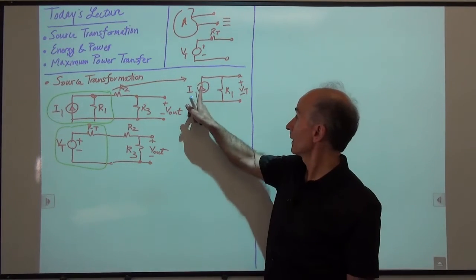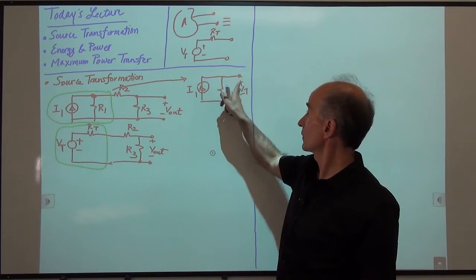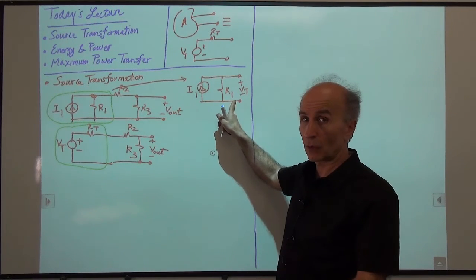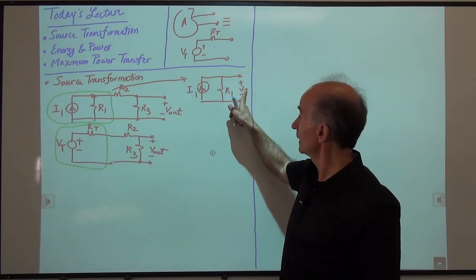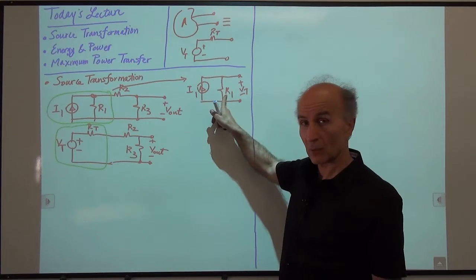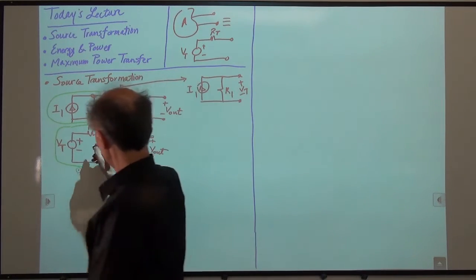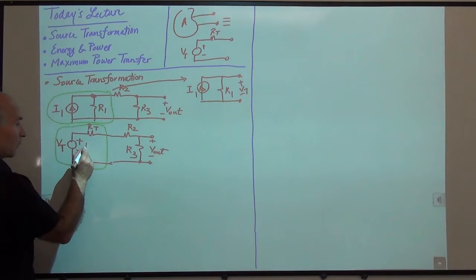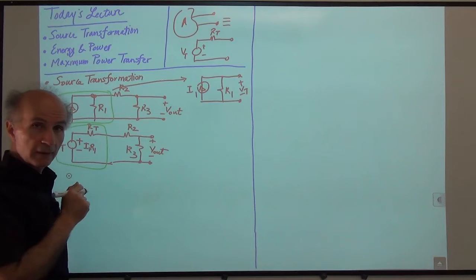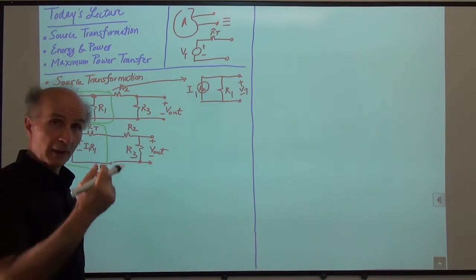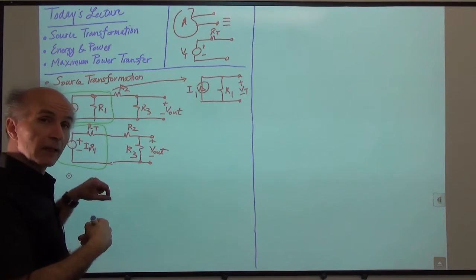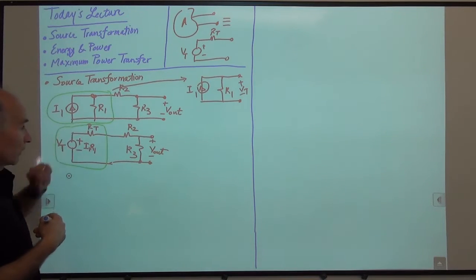Well, you see that I1 comes in, flows from high potential to low potential, so I can just write Ohm's law. So I can say VT is just I1 times R1. Okay, so that's easy. We write here, this is I1 times R1. This is the actual value of this voltage source, right? VT is just a name that we invented just now, right? But the actual value would be I1 R1.